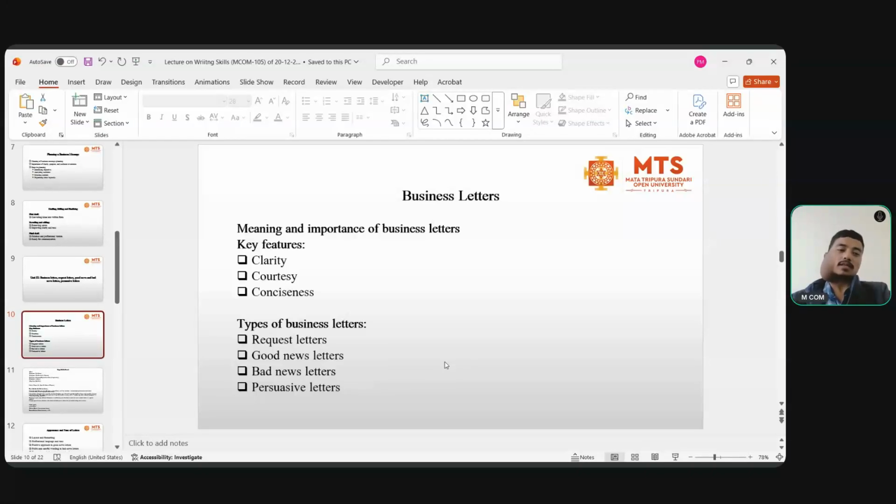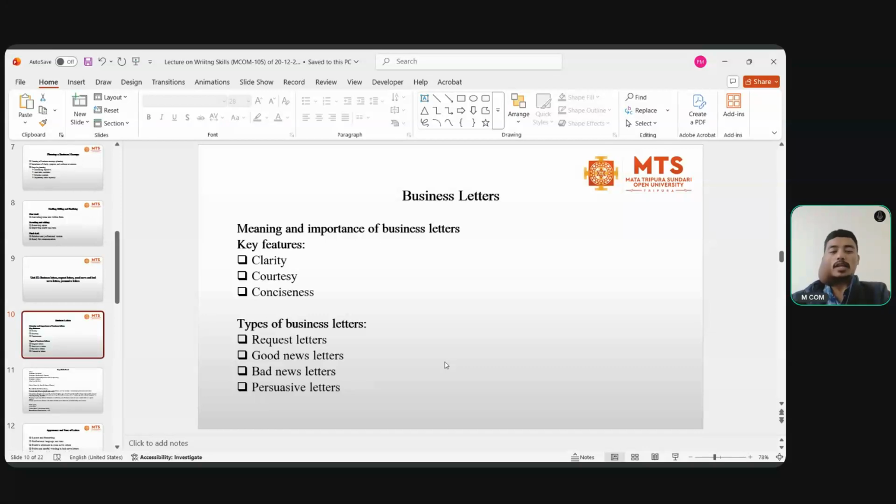Business letters create a professional image of the organization, and poorly written letters can damage relationships and reputations.